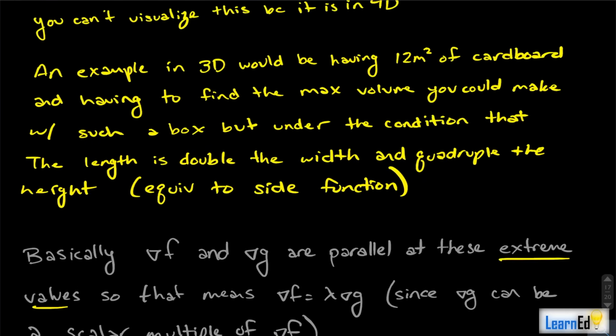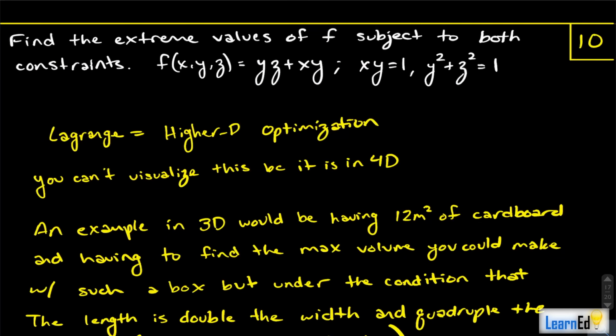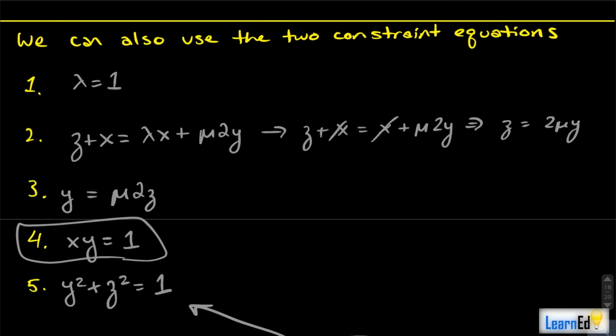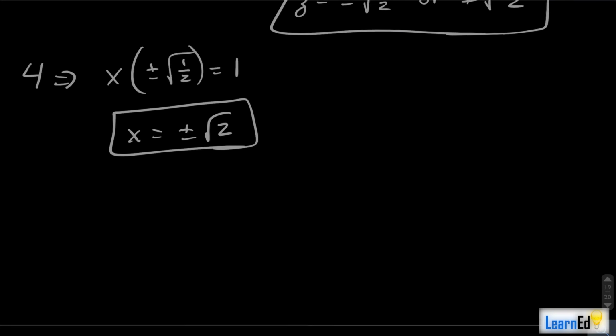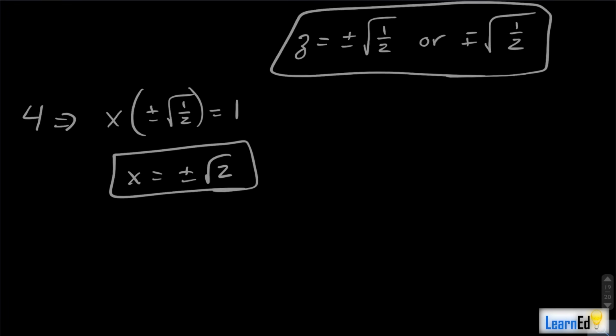Okay? Remember what our original problem was asking for. We're finding the extreme value. So we're finding the extrema of f. And we want to actually find the value, so we can't just write the coordinates and call it good. We have to actually find the values of f. Okay, that's what it means by extrema, right?